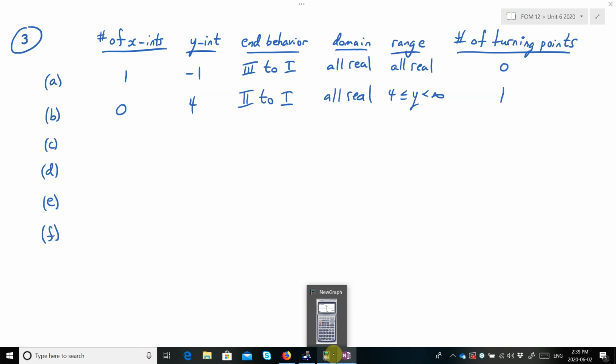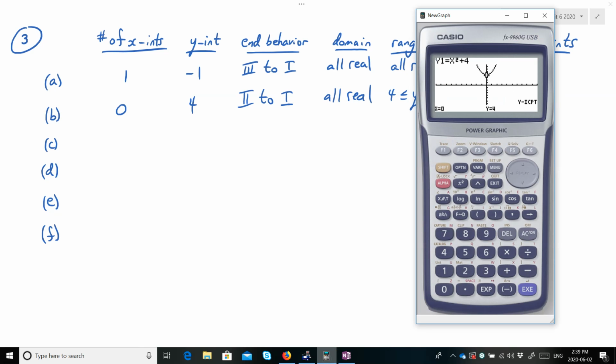All right, let's check out letter C here. We will go exit, let's delete that graph, and we're going to do this cubic, -2x to the power of 3 minus 5x plus 3, execute and draw.